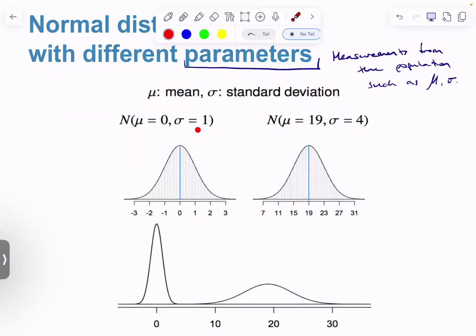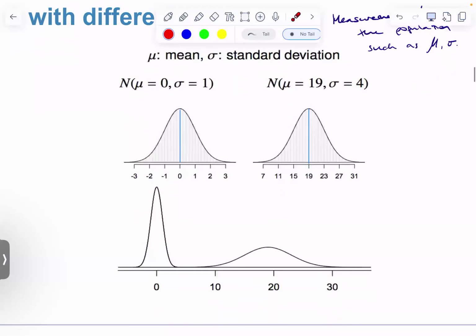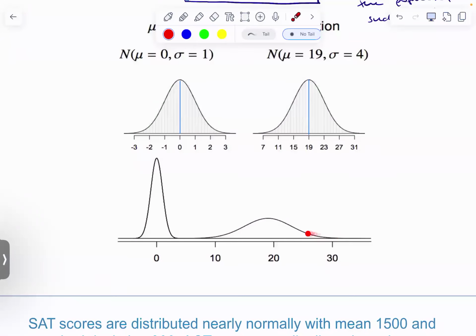The standard deviation of the first one is 1, whereas the standard deviation of the second one is 4. Visually, I don't see a difference between these two. Where we will see a difference is if we put them on the same scale.